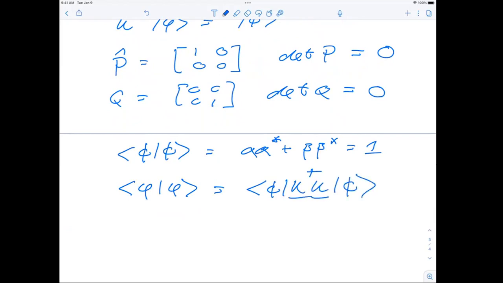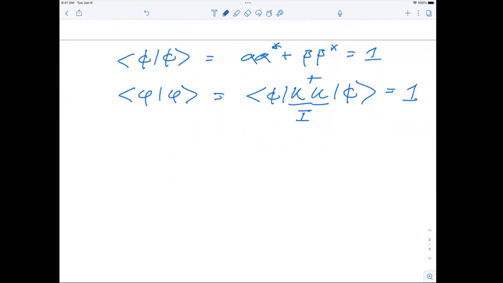Since this one is equal to the identity matrix, we see that this is also equal to 1. So that means that the length of the vectors is conserved under these unitary transformations. This is something very important to keep in mind when we are dealing with quantum computing. So we want to keep the reversibility, and that means that we have to deal with unitary operations.